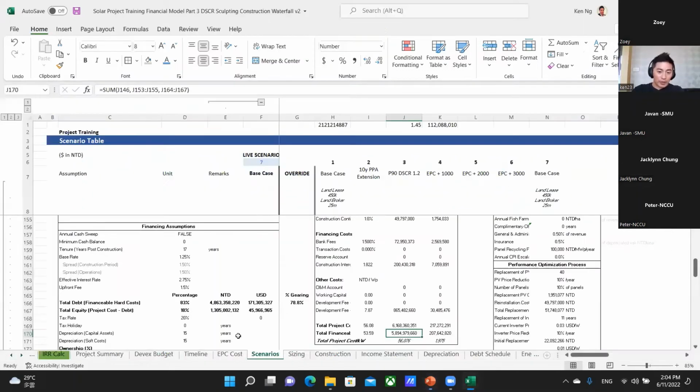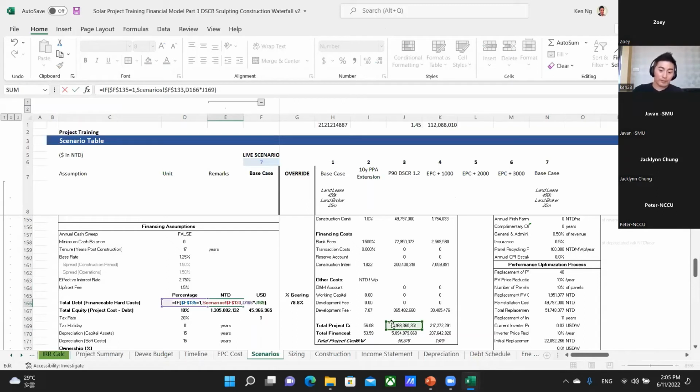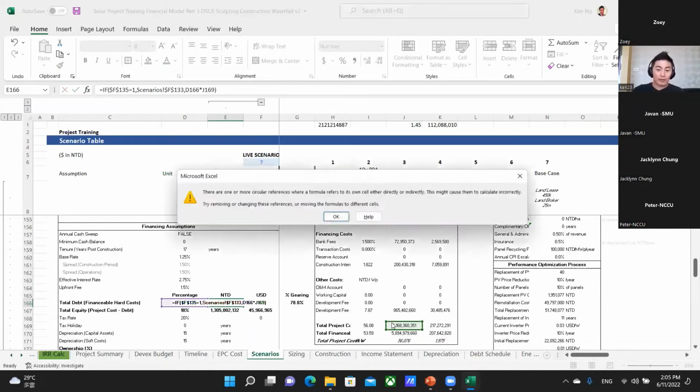So as a result, the simplifying assumption here is that the debt financing is the gearing multiplied by the project cost excluding the financing cost. Now, what happens if we change the cell reference from the project cost excluding financing to the project cost including financing? What happens is we get a circular reference, right?